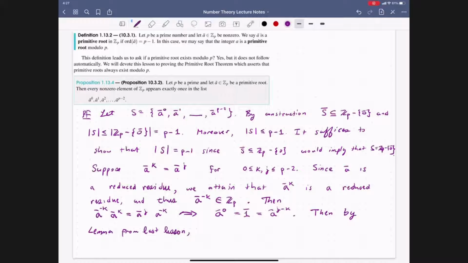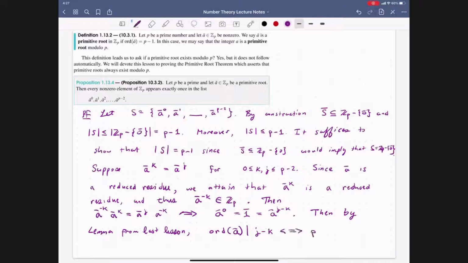We have that the order of a bar divides j minus k, but a bar is assumed to be a primitive root, so that means that the order of a bar is equal to p minus 1.